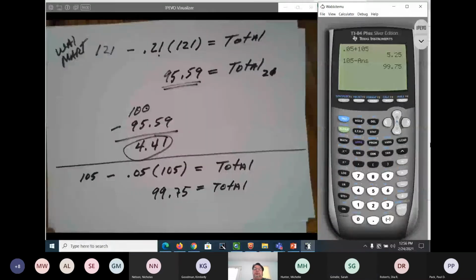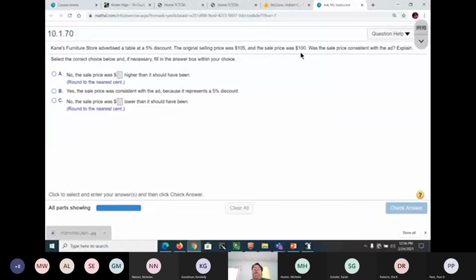And of course, let's see what they are charging you. They're charging you $100. So they're making 25 cents off of you. I don't know how they want it as a decimal, but that'd be 0.25. 100 minus 99.75 is equal to 0.25.